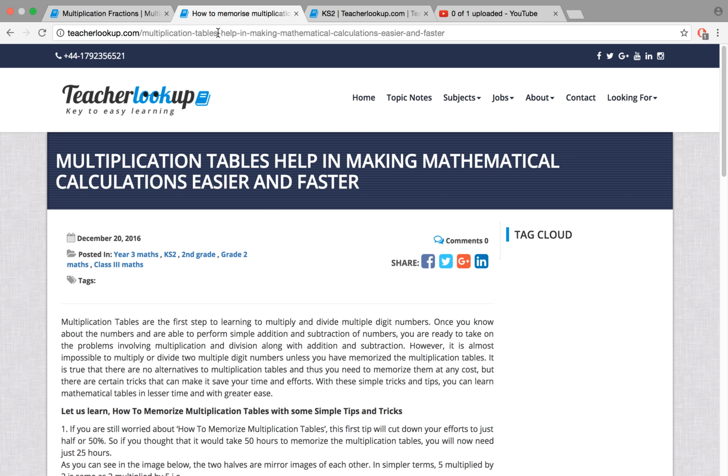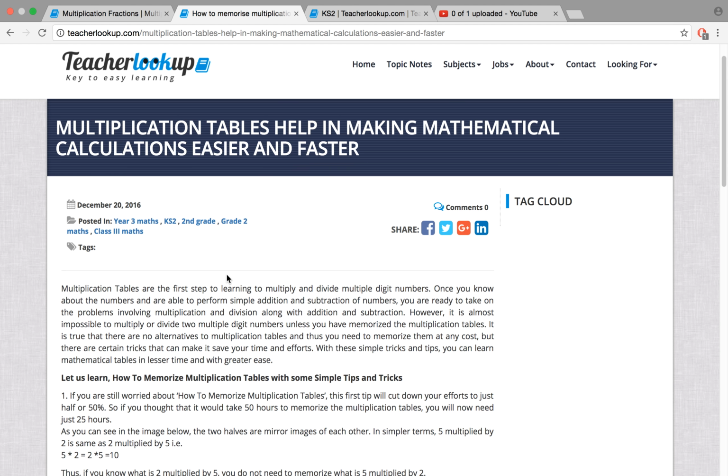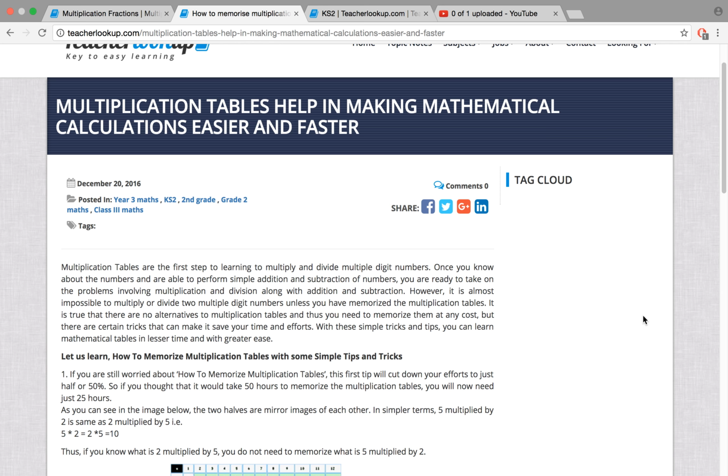Alright, so multiplication tables are the first step to learning how to multiply and divide multiple digit numbers. Once you know about the numbers and are able to perform simple addition and subtraction, you are ready to take on the problem solving of multiplication and division along with addition and subtraction. However, it is almost impossible to multiply or divide two multiple digit numbers unless you have memorized the multiplication tables.